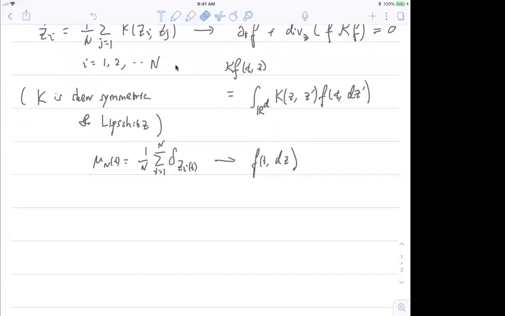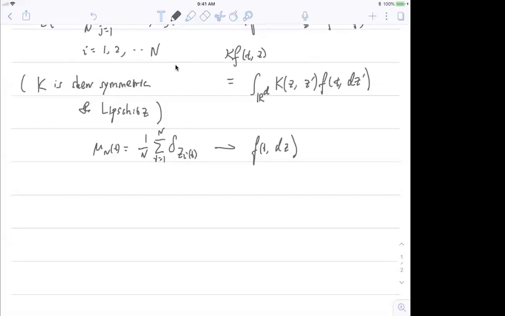If this is our goal, you can think of this as the mean field limit.